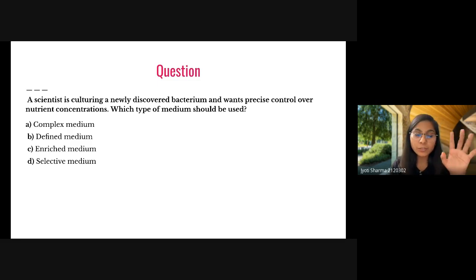A selective medium is used when we want to grow some specific type of bacteria and we are removing another type of bacteria. If that were the condition, we would have used the selective medium. But here what we want is precise control over nutrient concentration. If we want to know the exact composition of the nutrients that we are adding into the culture, then this will come under defined medium.